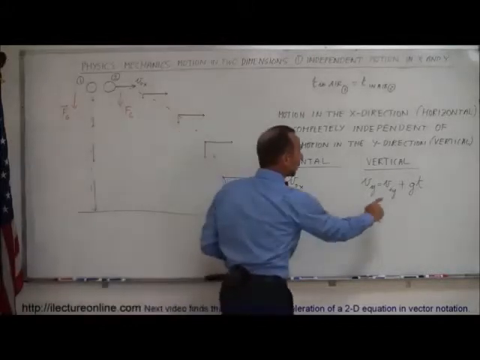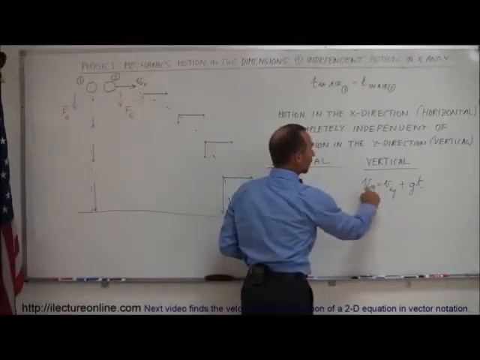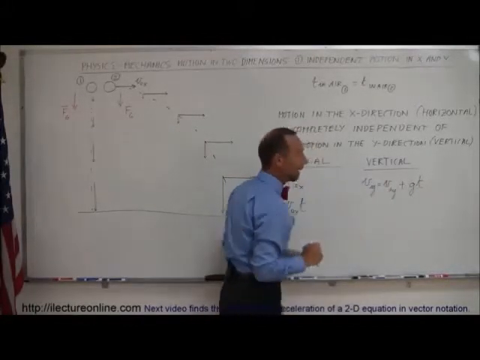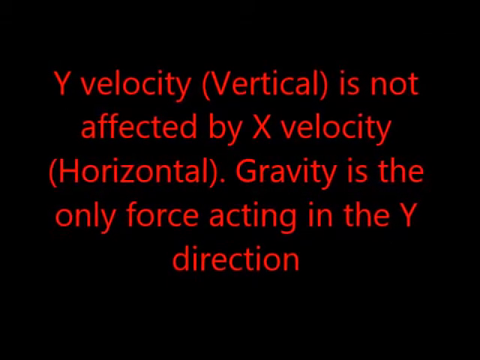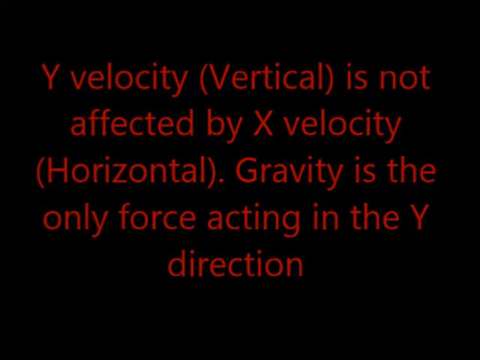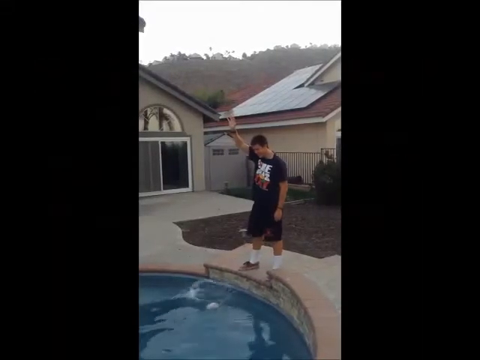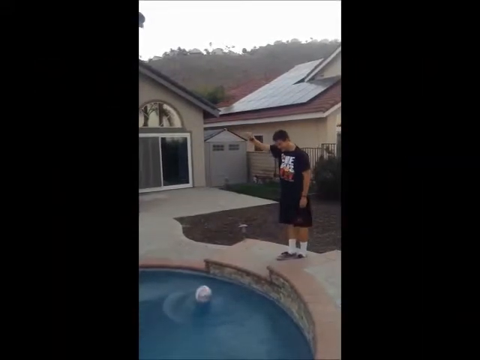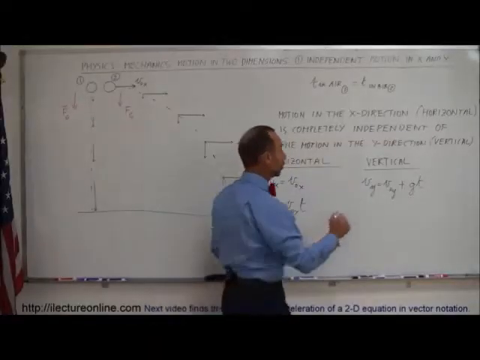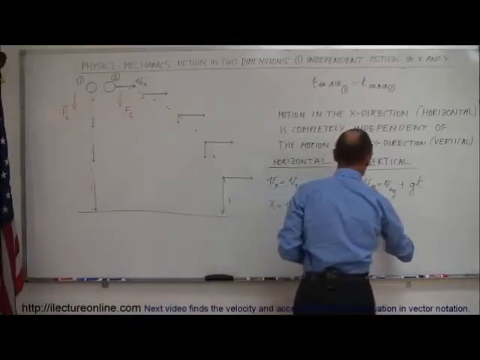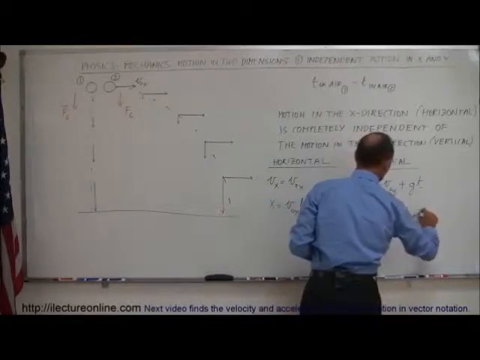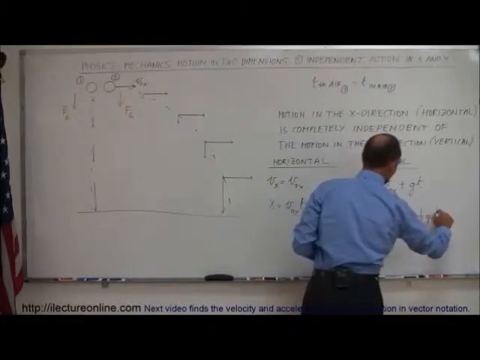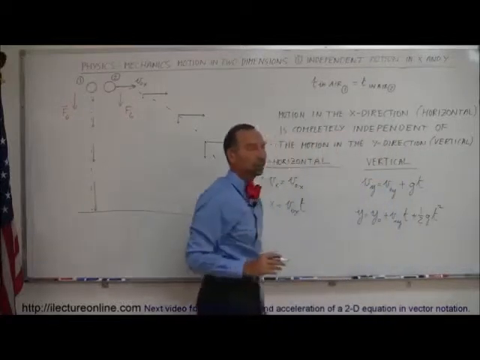Notice that if it has no initial velocity in the y direction, then v sub y is simply equal to g times t. And for the position, we could say that y is equal to the initial position in the y direction plus v initial in the y direction times time plus 1/2 g t squared. And of course, that came from the equations of motion.